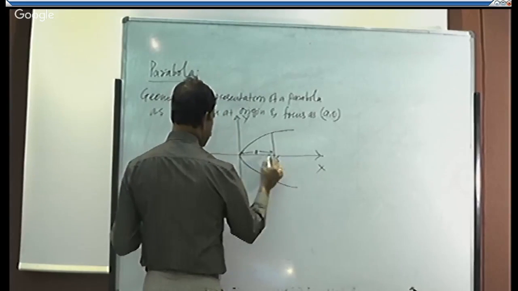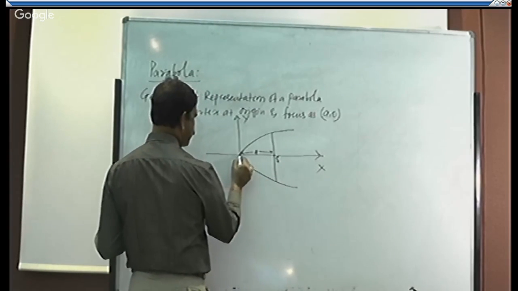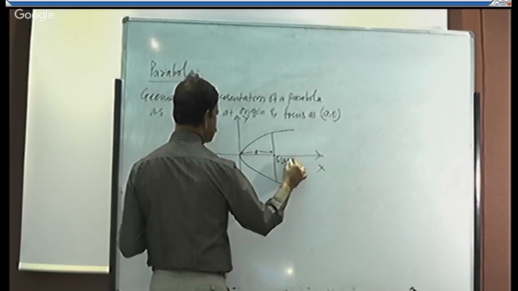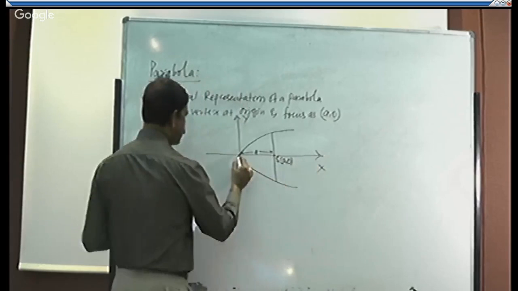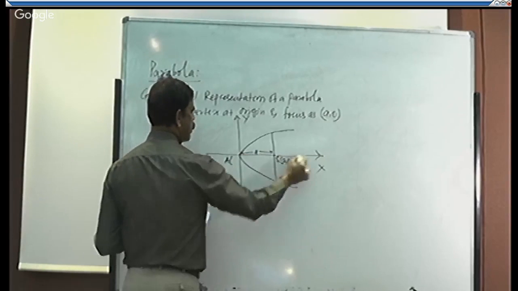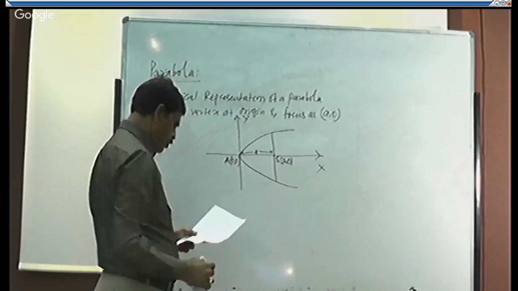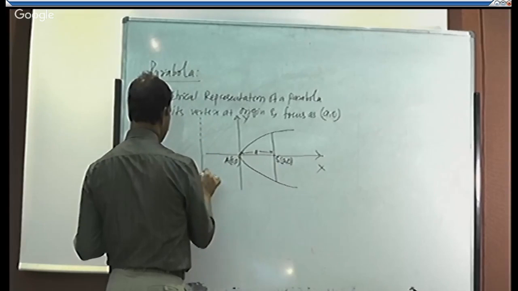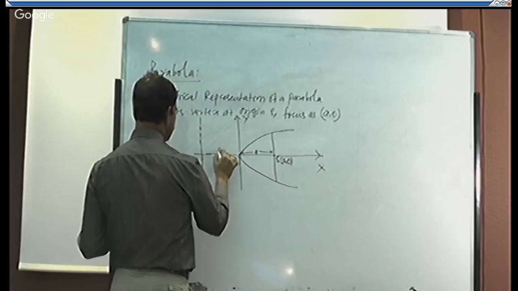So coordinates of S are what? Suppose the distance from this point to this point is a. Coordinates of S are (a, 0). That is S. This is the axis. This is taken as the vertex, the origin, where the x-axis and y-axis meet. Therefore its coordinates are (0, 0). And this is the directrix.